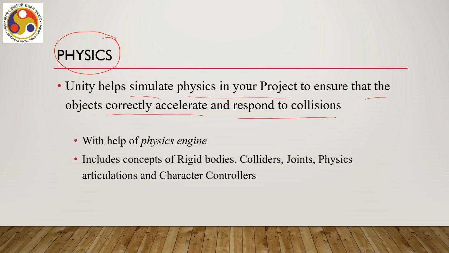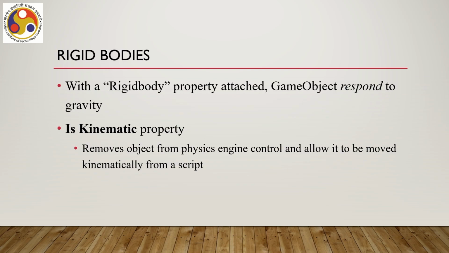So, essentially the physical laws are supported. Unity does this with the help of a component called the physics engine, which includes concepts of rigid bodies, colliders, joints, physics articulation and character controllers. These are all components essential to give a realistic feeling.